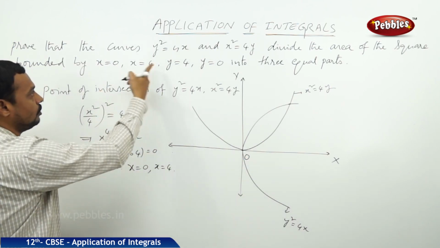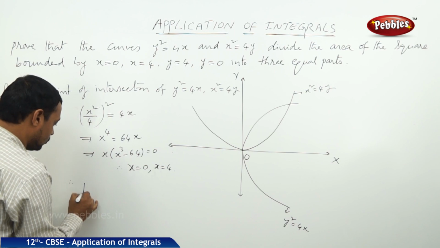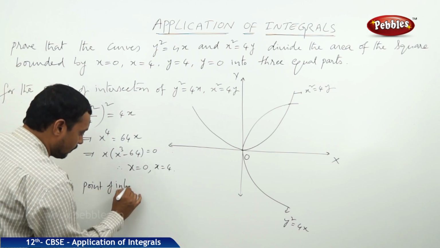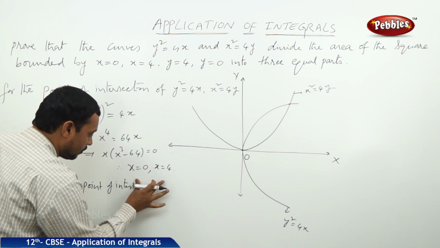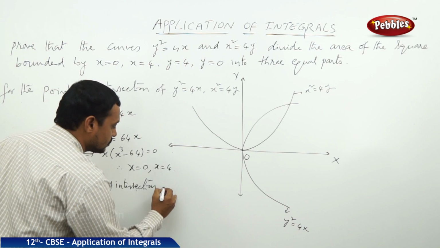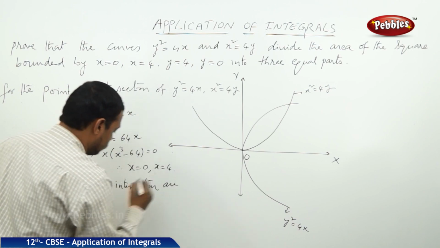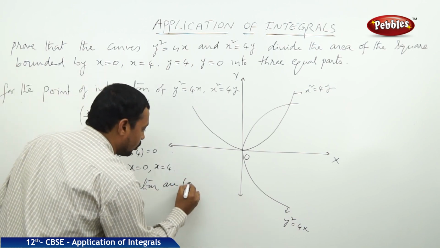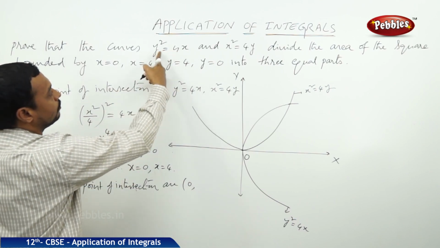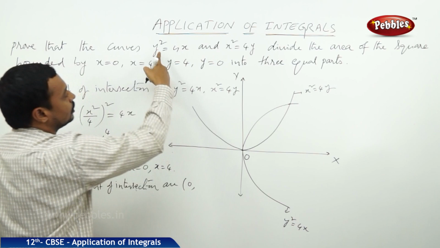So x is equal to 0. When x is equal to 0, y is equal to 0. Therefore the points of intersection of the curves: when x is equal to 0, what about y? Put it in either of these two.